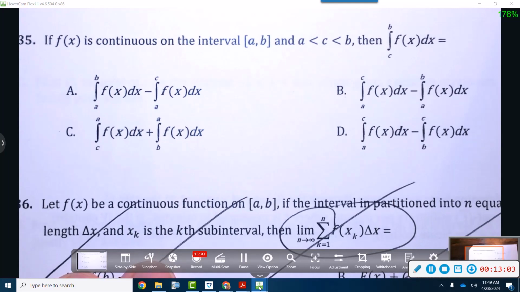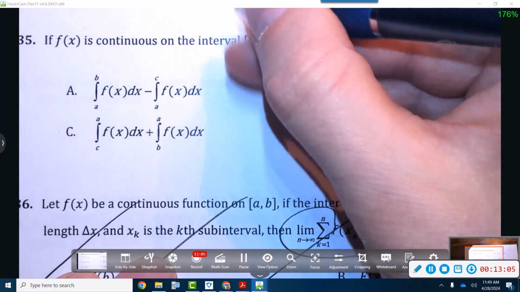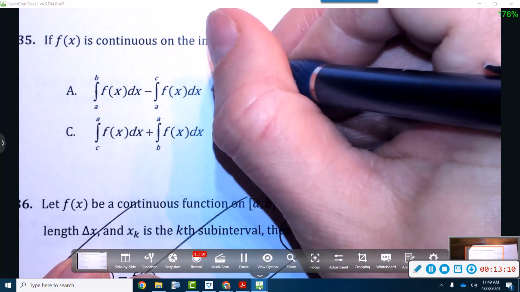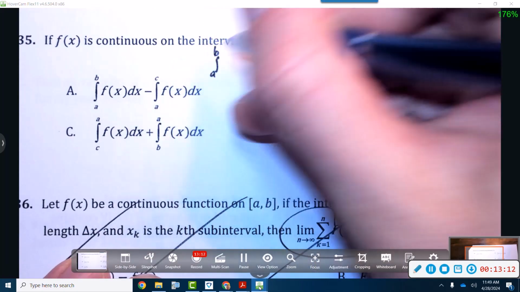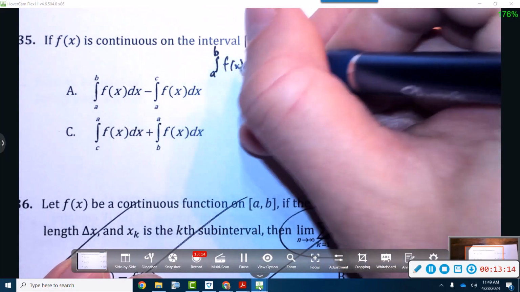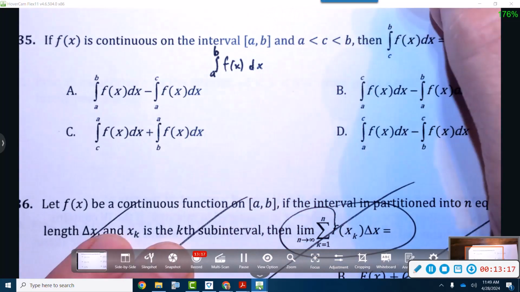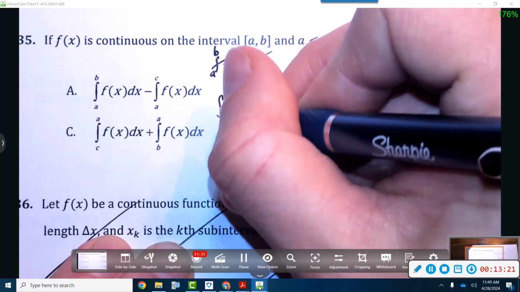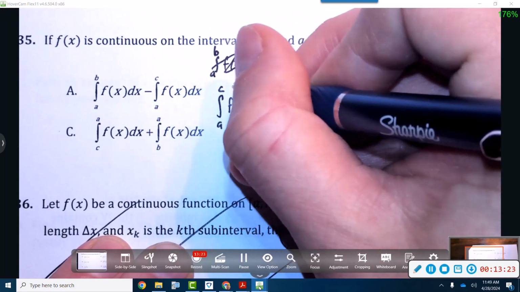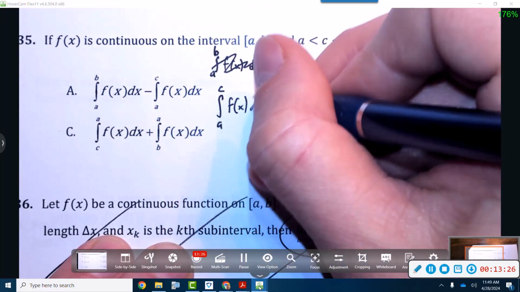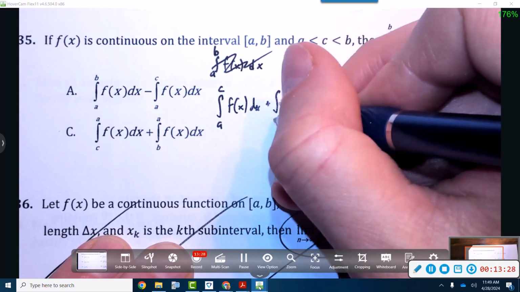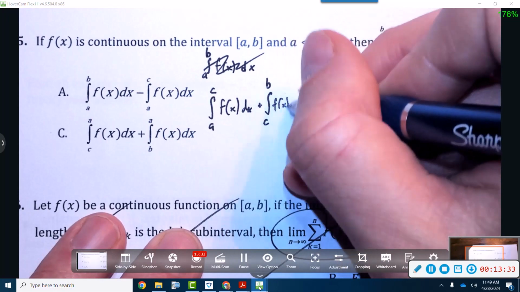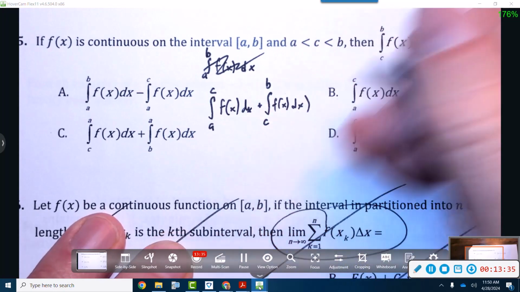So what I'm going to do is set this up so that we can say that if we go from a to c of f of x dx plus c to b of f of x dx, that has to equal the integral from a to b.